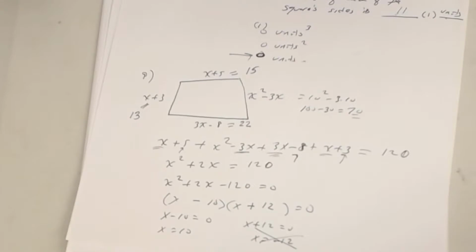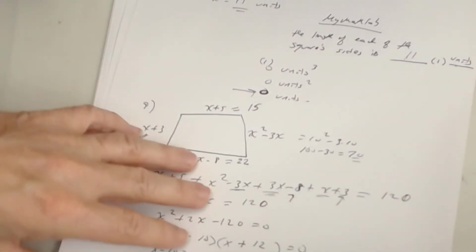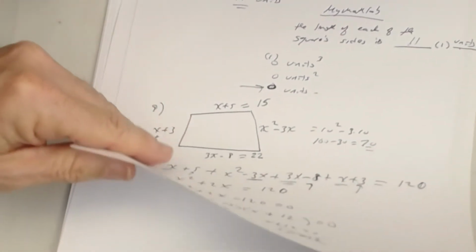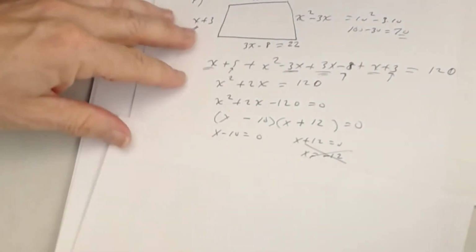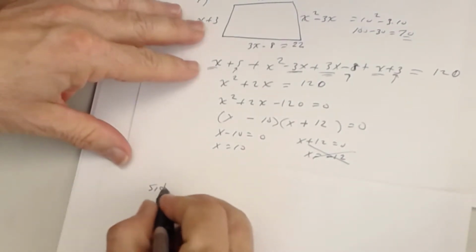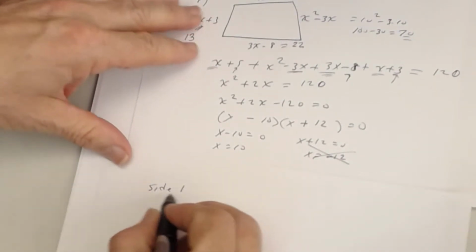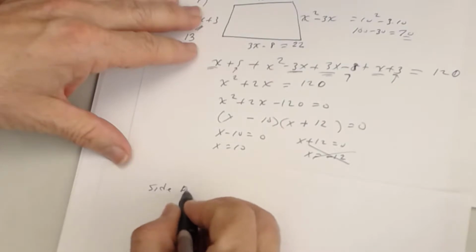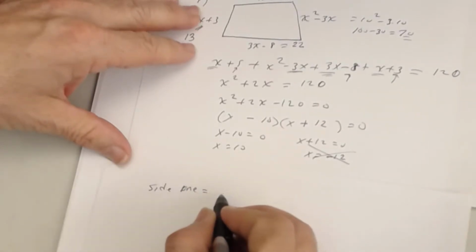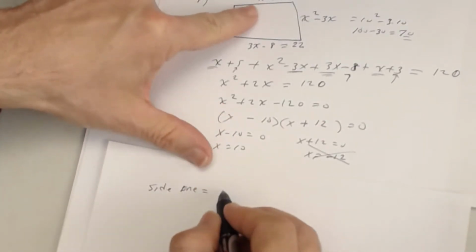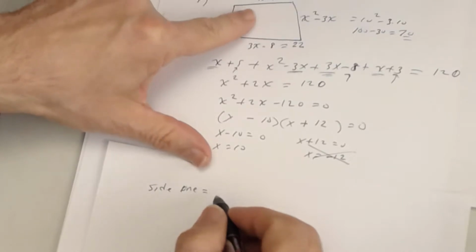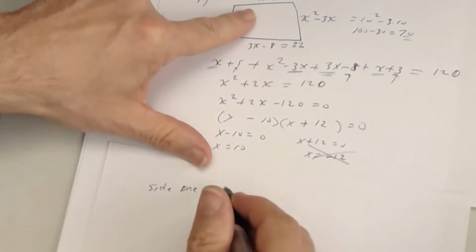Now the way it's going to look on MyMathLab, it will say side 1 equals, and then it's going to write the expression. Oh, good Lord, why did it do that?